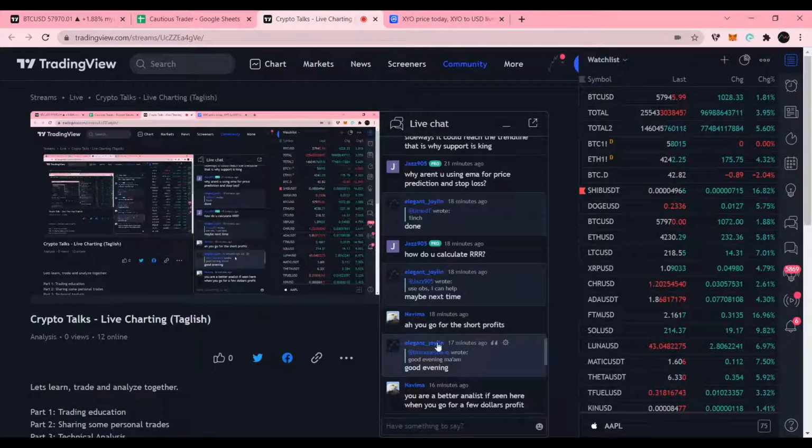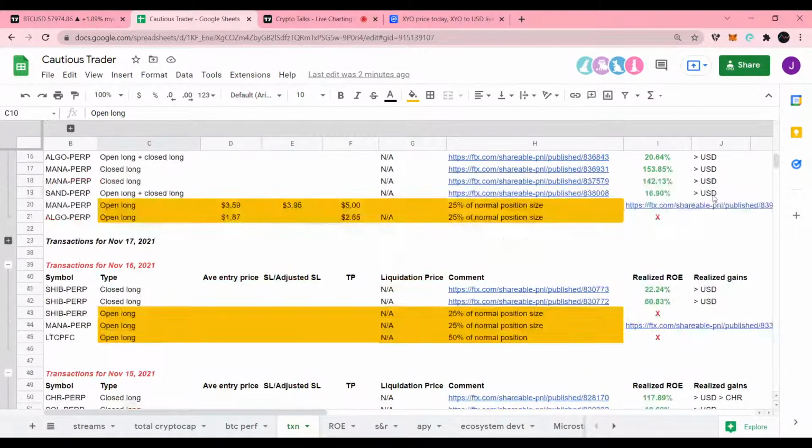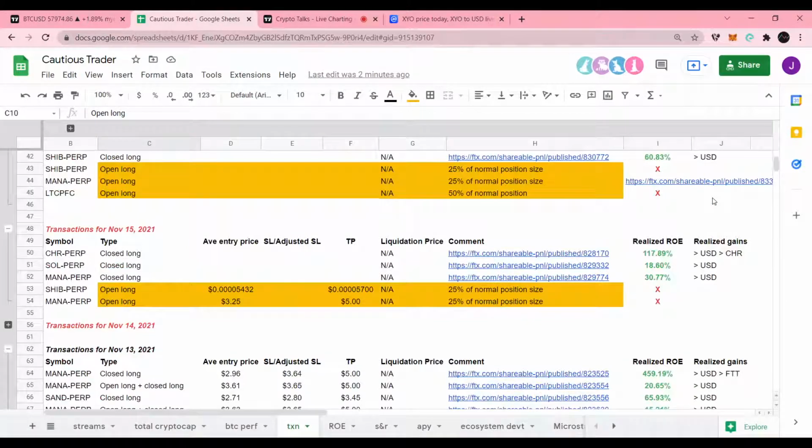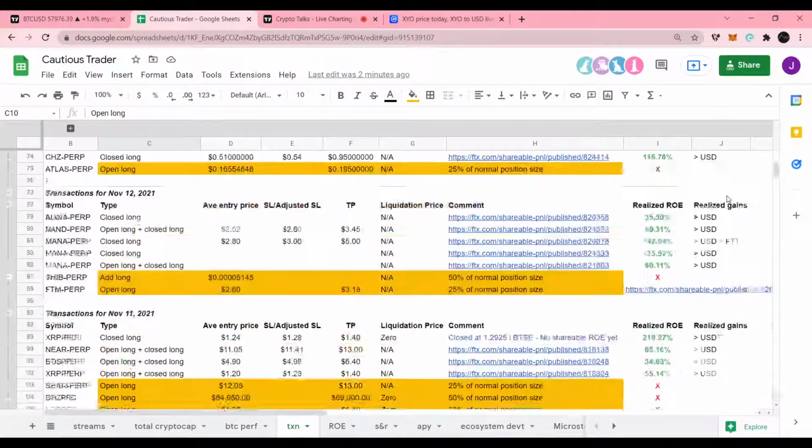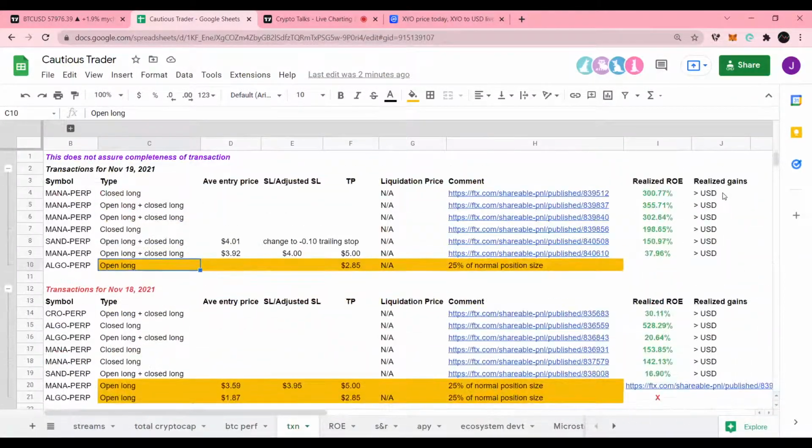Are you going for short profits? No, actually, for futures, of course, that's basically for short-term profits. But at the same time, I'm also a holder. So most of my transactions, or even my biggest gains, are actually on my holdings. I started trading cryptocurrency October 14, I think October 14, 2016. So from there, I already accumulated some altcoins, and that's basically my most gains.